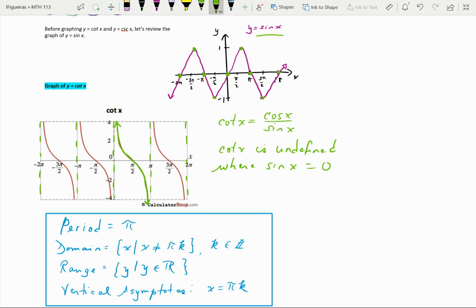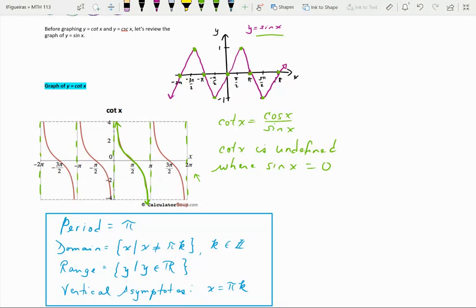So that's exactly what you see here. When k is -2, you have -2 pi. When k is -1, you get negative pi. When k is 0, you would get the y-axis. When k is 1, you would get pi. And when k is 2, you would get 2 pi.